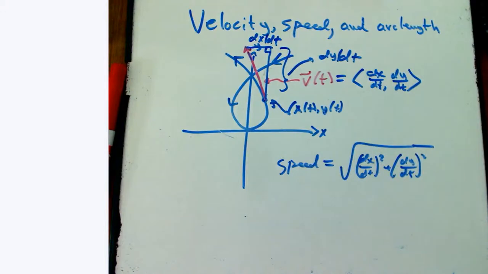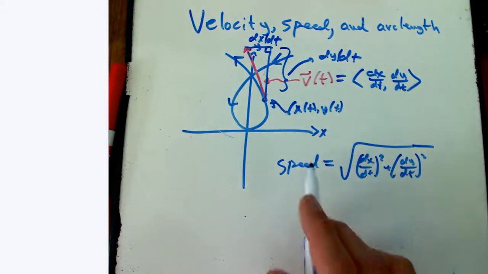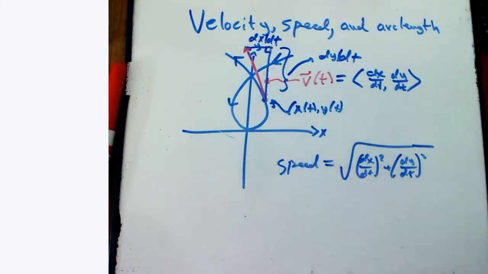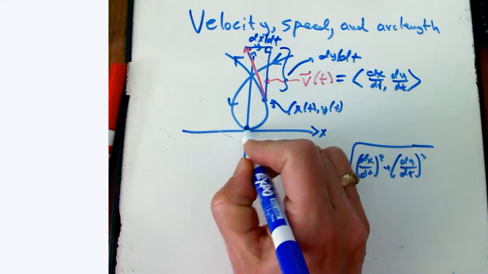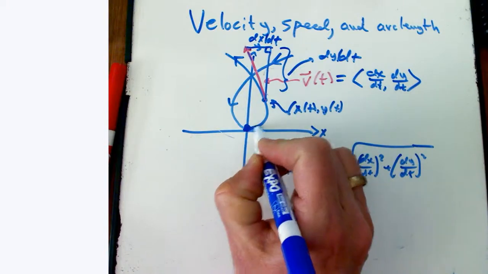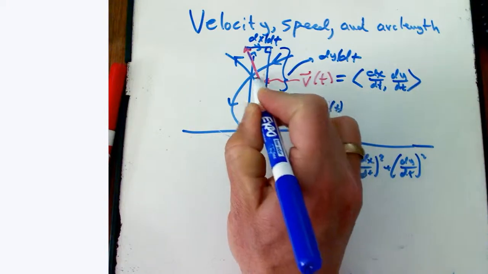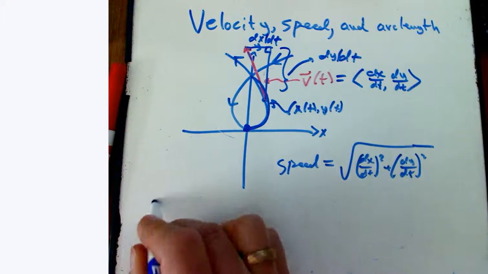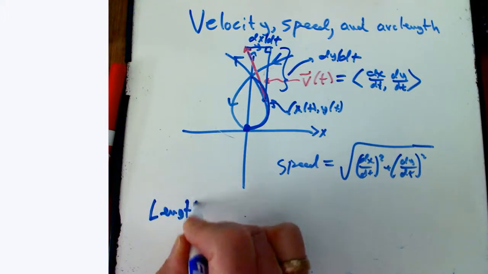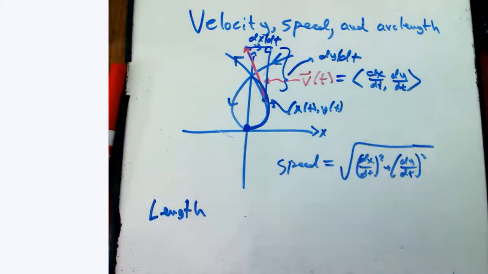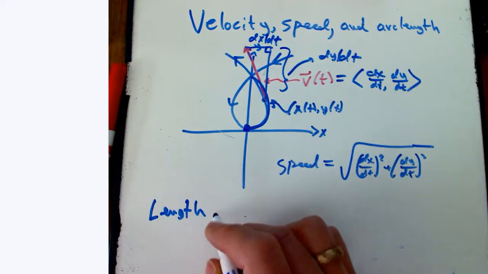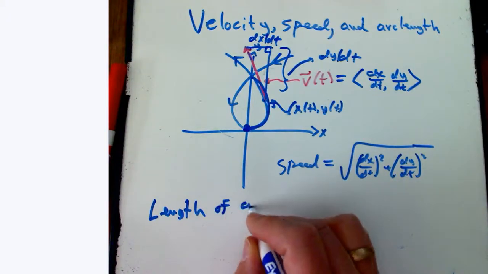Okay, so now I want to talk about the next step, which is suppose I wanted to know how long it was going from this point to this self-intersection. And so the length, I'd like to get the length, or what you call the arc length of the curve, to emphasize that it's a curving length along some sort of arc of the curve.